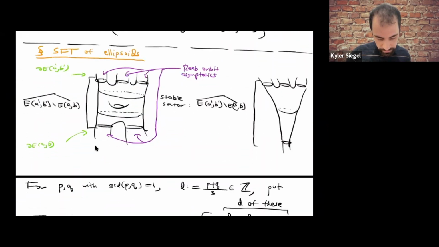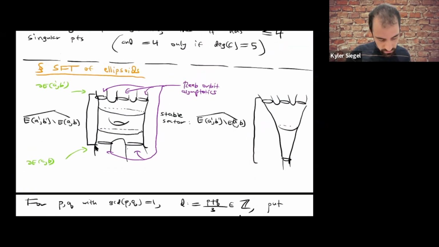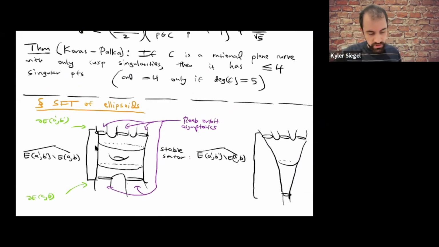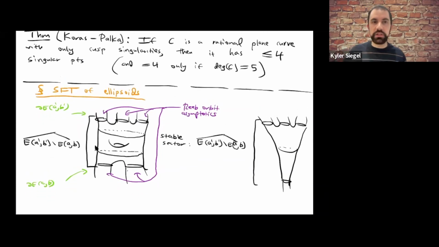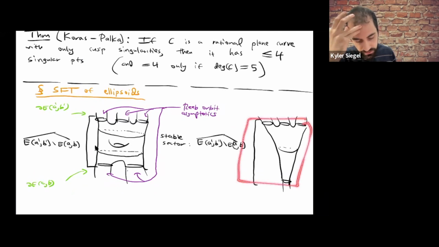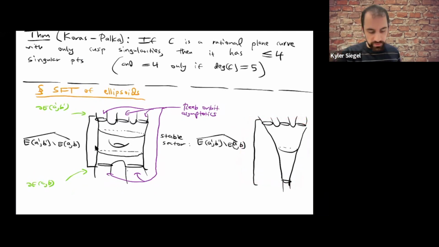Okay, and so let me mention that it turns out, for ellipsoids, the general picture is that these are contact manifolds, and this is some symplectic cobordism between contact manifolds.